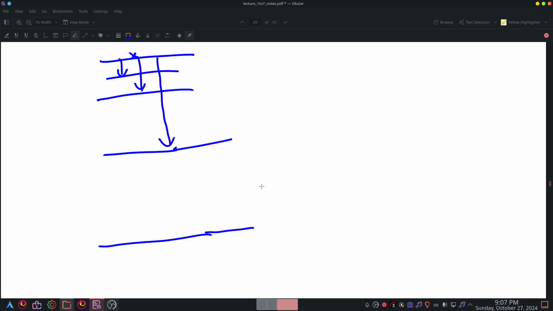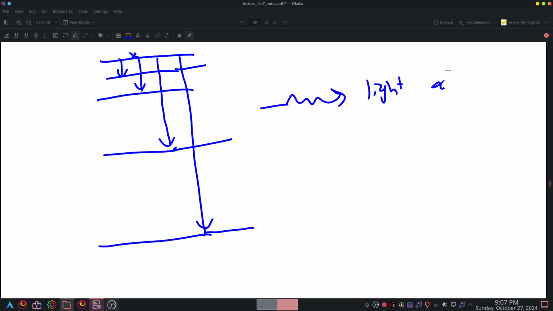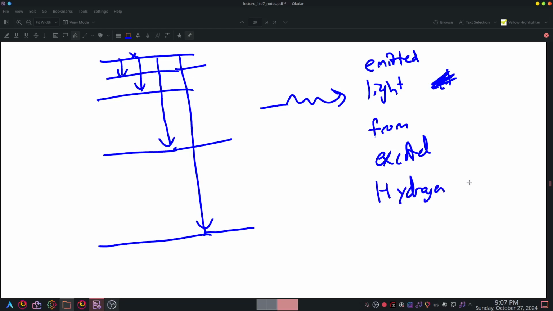Depending on how the electron de-excites itself, you will have a series of light coming out with different energies. The emitted light from an excited hydrogen atom will have fixed energy.